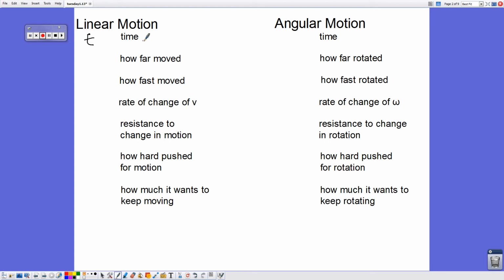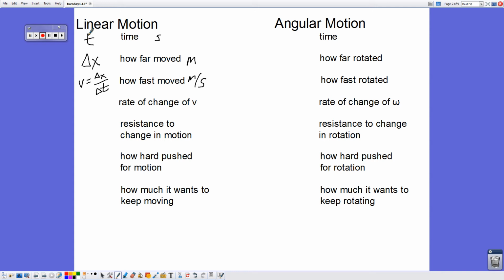Okay, that's easy enough. Measured in seconds. How far something has moved. Well, that sounds a lot like displacement, measured in meters. How fast something has moved, measured in meters per second.